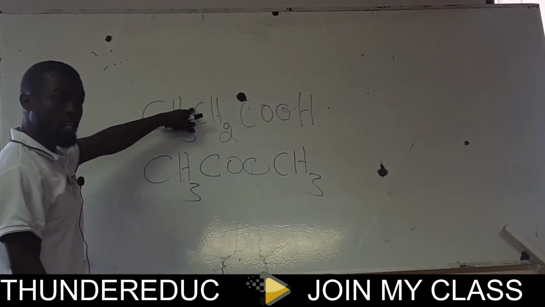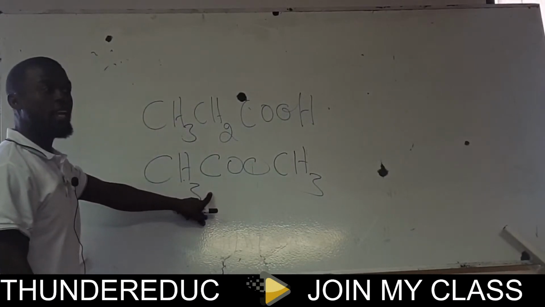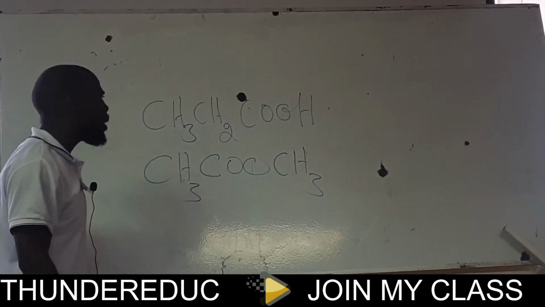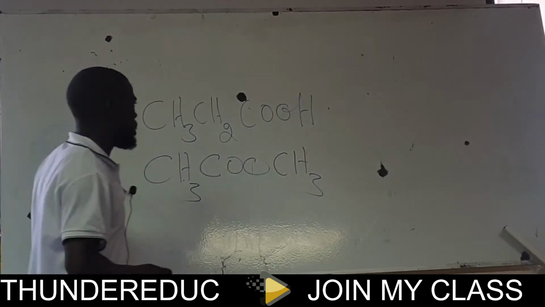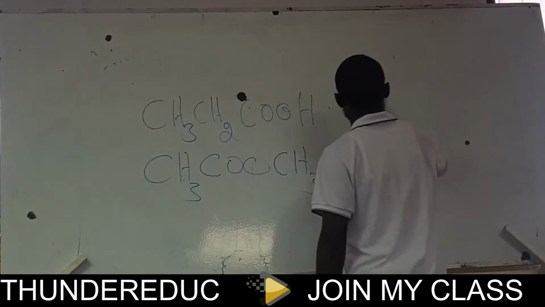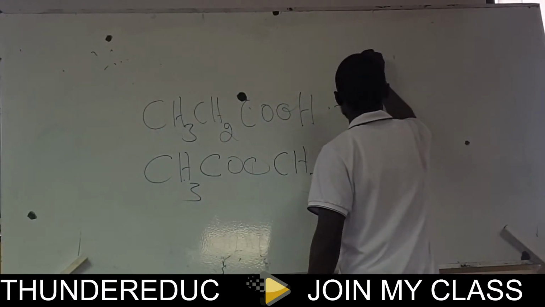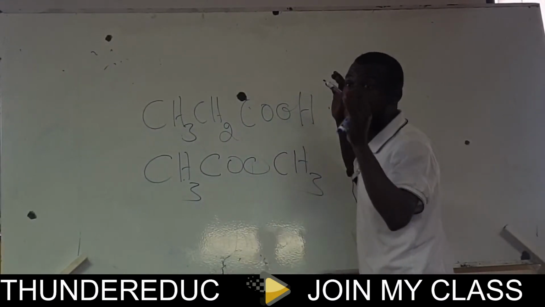This is a carboxylic acid. This is an ester. But are you sure that the number of bonds are fitting on these structures? Let's see it. Remember, each carbon is supposed to have 4 bonds.